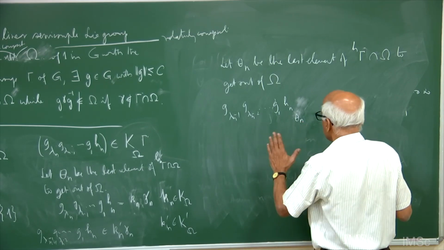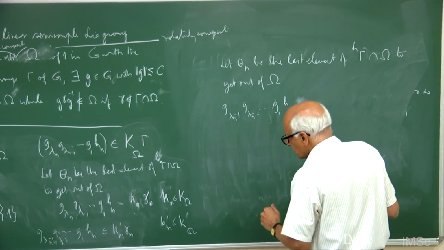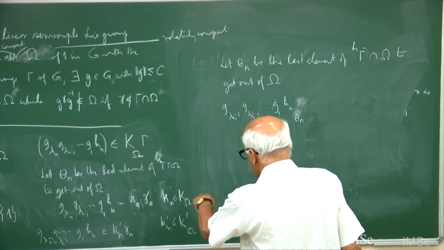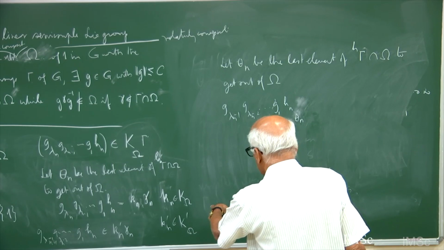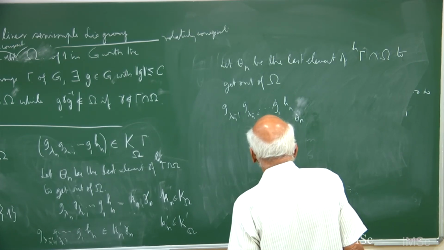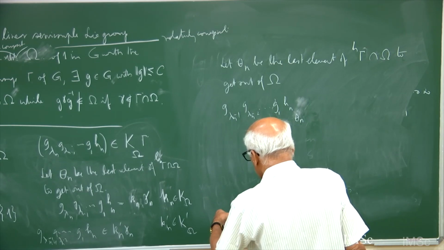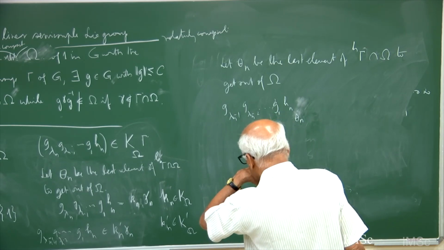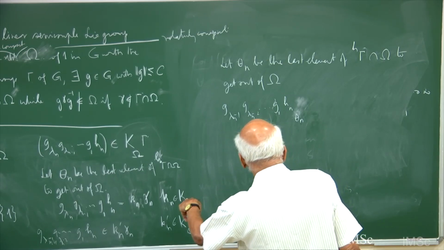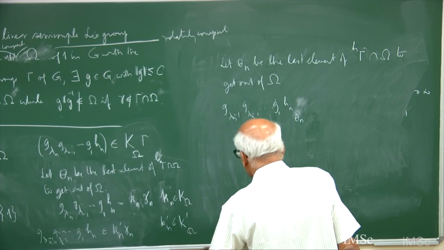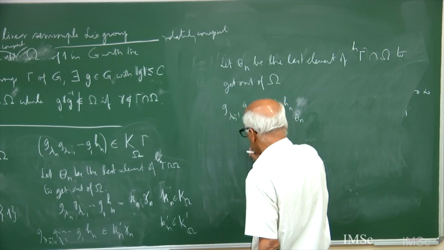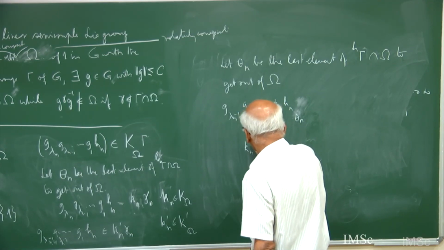Hold on, I am really getting confused. See, the last one to get out, this is in some compact set, it is in Kn prime omega prime, and look at this, it is equal to Kn prime gamma.